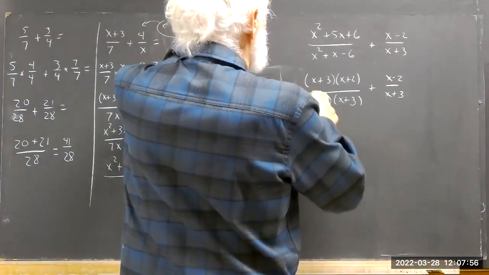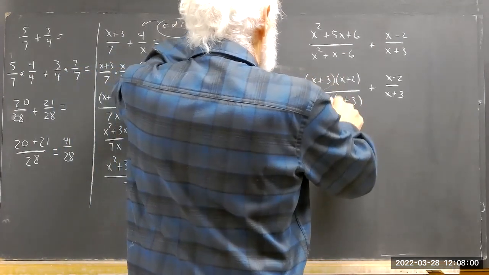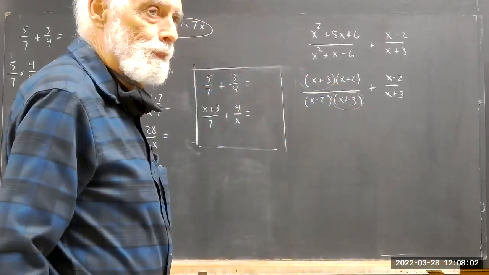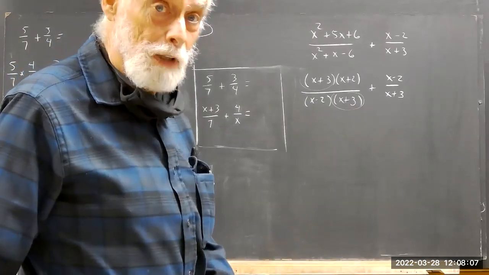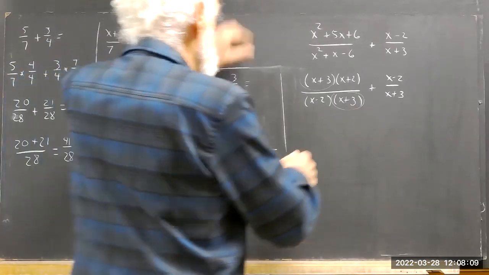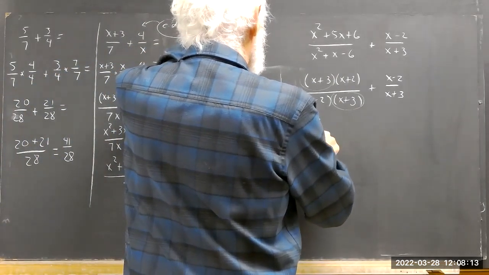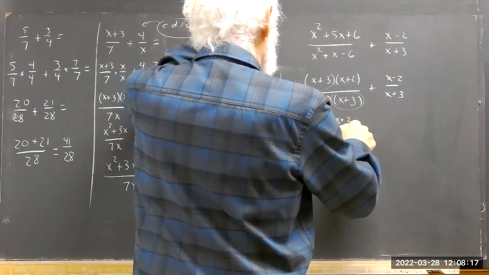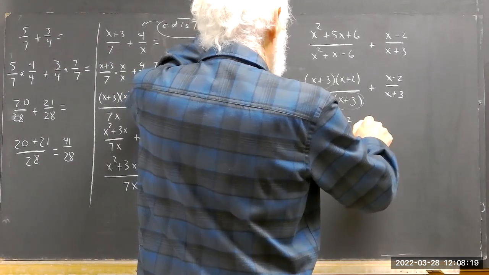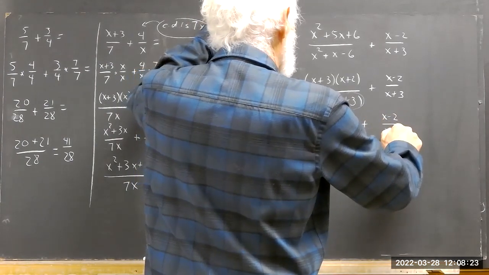Well, now we've recognized that we have an x plus 3 here and an x plus 3 here, and we want to take advantage of that, because now we can write this as x plus 3 over x plus 3 times x plus 2 over x minus 2. And then over here we got x minus 2 over x plus 3.